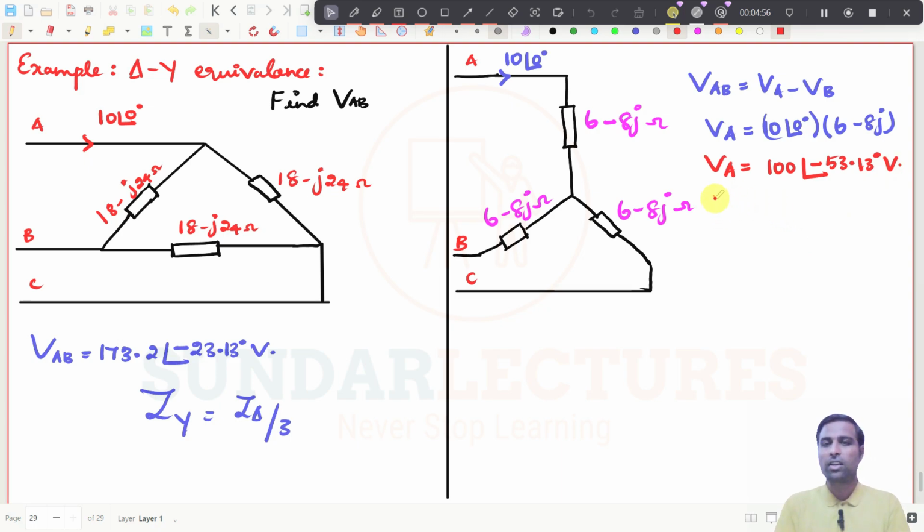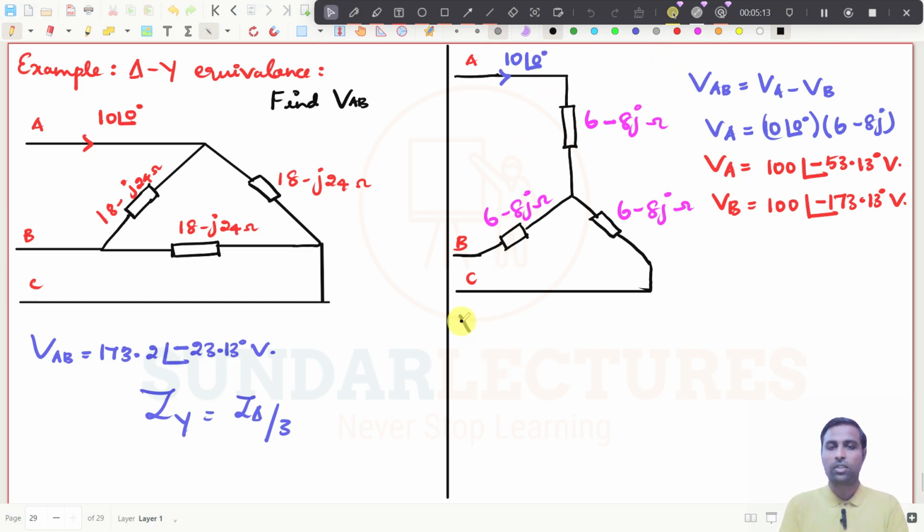If you want to find VB, it is very simple. From here it is minus 120 degrees, so it will be 100 at an angle of minus 173.13 degree volts. Now we found the values of VA and VB.